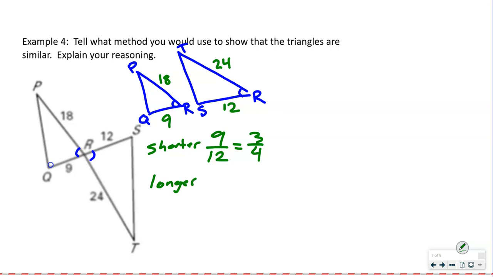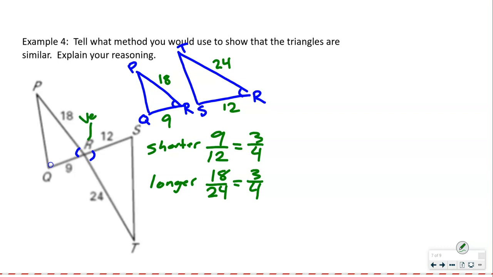Our longer sides are 18 over 24, which simplifies to 3 over 4 as well, 6 being our greatest common factor there. So the corresponding side lengths are proportional. And the included angles, PRQ and TRS, are congruent. We saw that they're vertical angles.